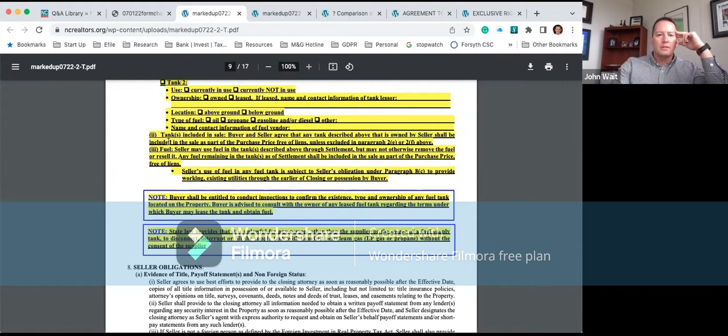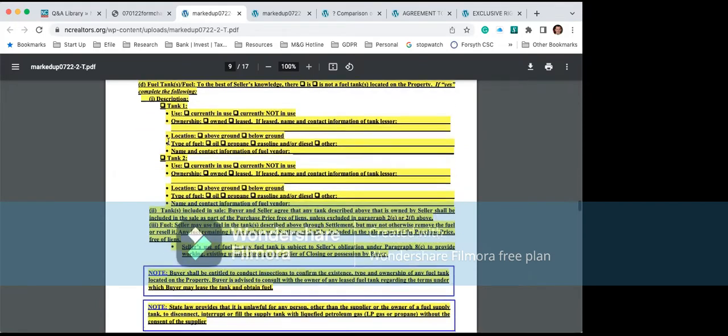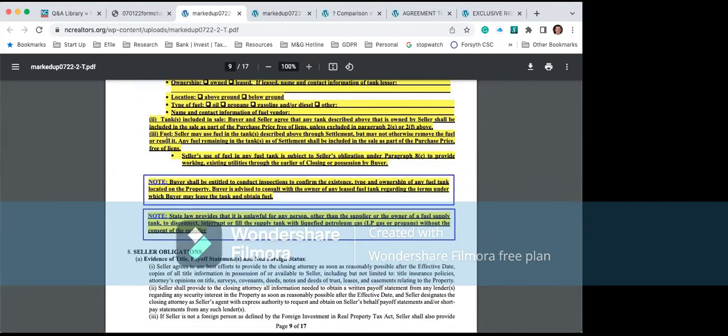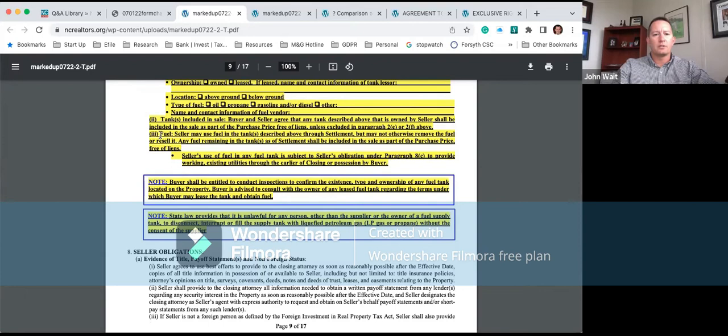And here's, I think, one of the most important changes to this whole section. It used to be under the old contract that if you were the seller, you could sell the fuel back and get that money as a credit. And all you had to do is leave enough in there for the buyer to be able to operate basic necessities.